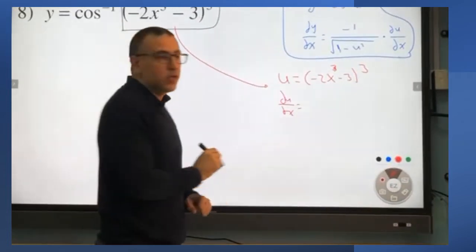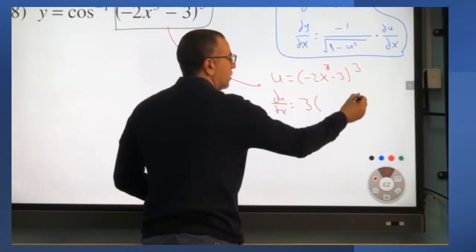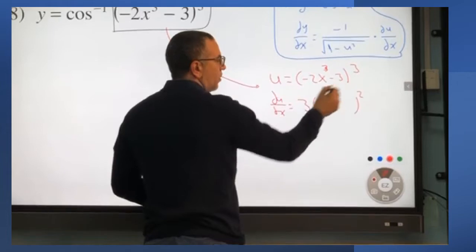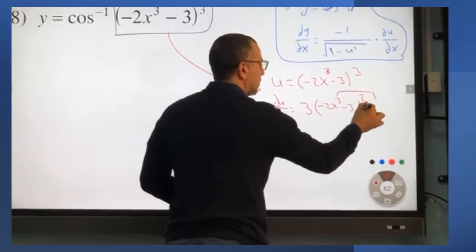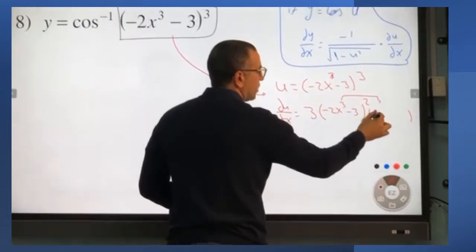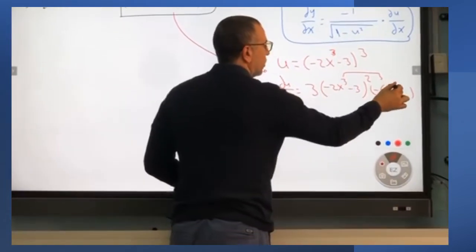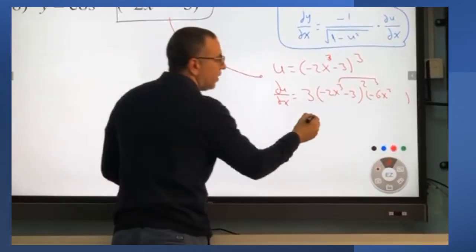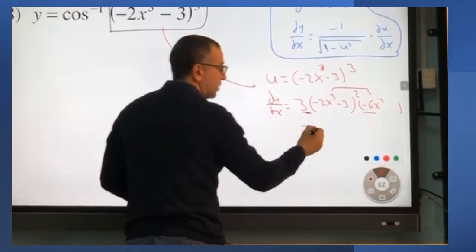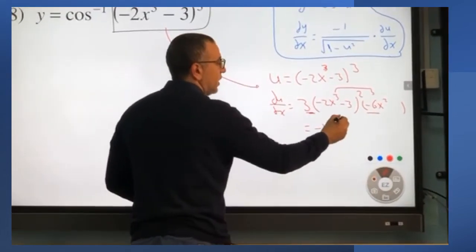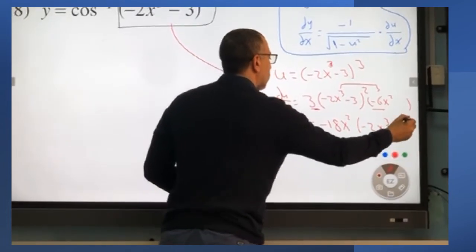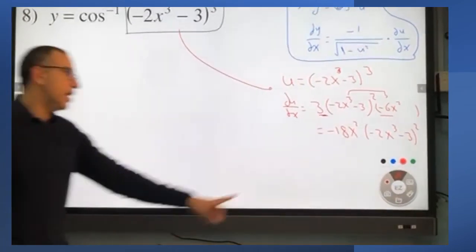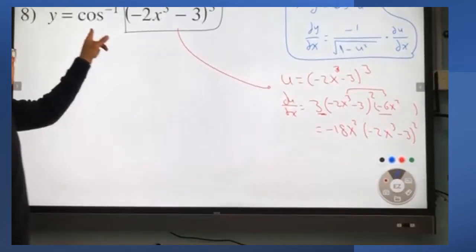This is a chain rule, so I will put down the power, subtract from the power 1, keep the function, multiply derivative of what is inside. And the derivative of what is inside is negative 6x to the power 2. I can simplify it more by multiplying 3 by negative 6. So it's negative 18x squared (negative 2x to the power 3 minus 3) all to the power 2. Now I go back to the function.